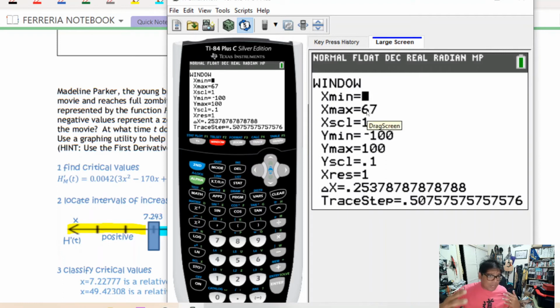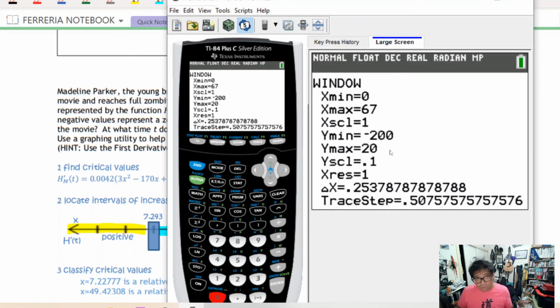We already know the derivative is going to have positive parts and negative parts, so our window for graphing the derivative has to include some negative to positive. I already graphed this, so I know this window is way too big, and I'm going to decrease it to negative 20 and positive 20.